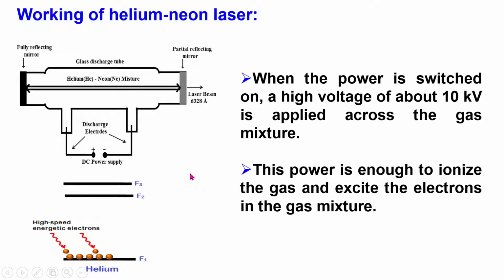When the power is switched on, a high voltage of about 10 kilovolt is applied across the gas mixture, and this is enough to ionize the gas and excite the electrons in the gas mixture. Now we can see here the glass discharge tube and the high voltage power supply applied here. The high voltage DC power supply is nearly 10 kilovolt.